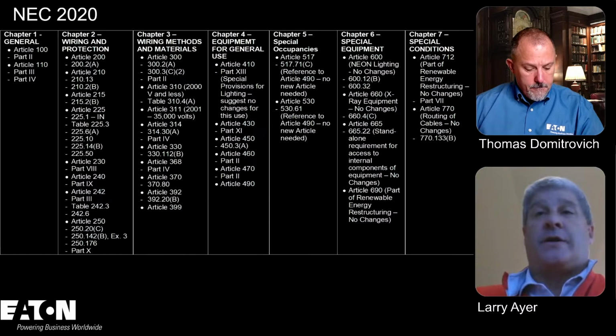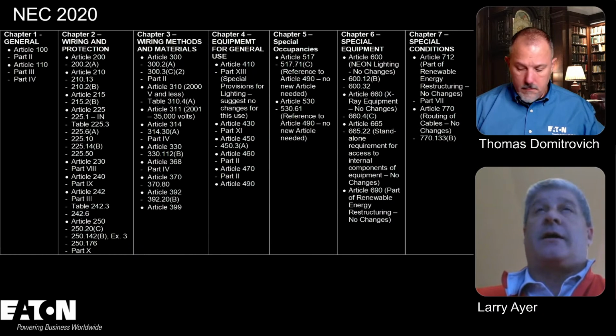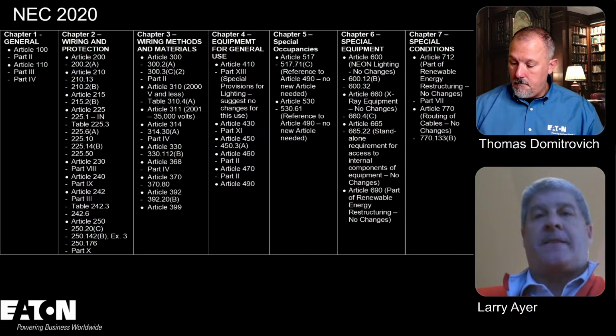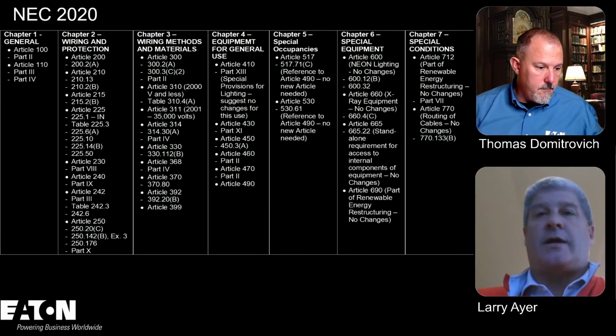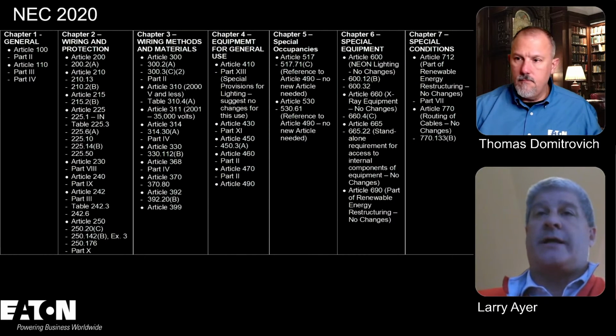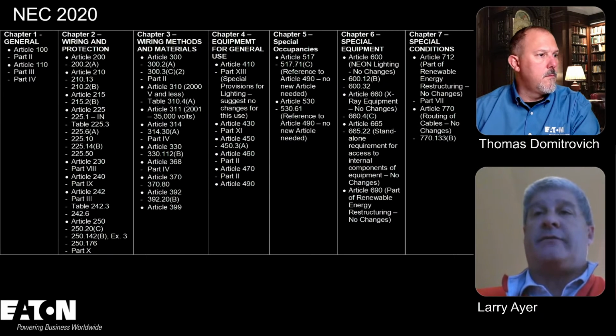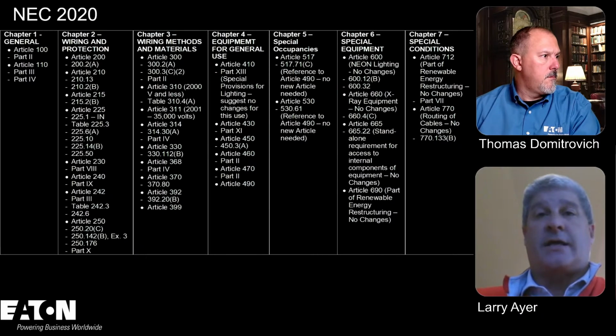Right. So, for instance, take Article 230. 230 talks about service conductors. It talks about clearances. When you bring overhead conductors to a building, here's the height they need to be above alleyways, roads, sidewalks, and things of that nature.